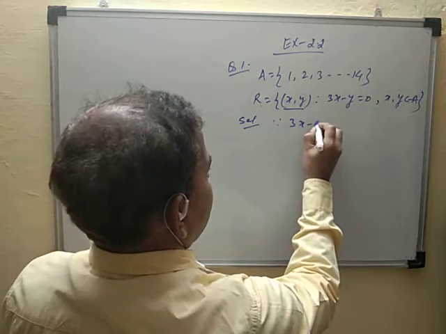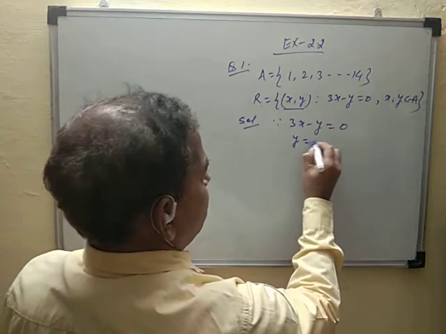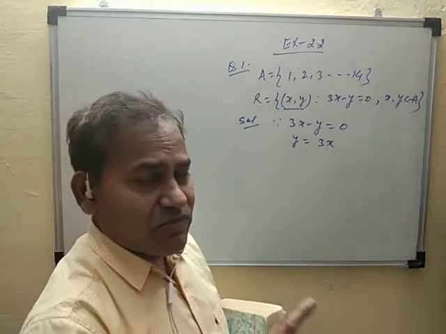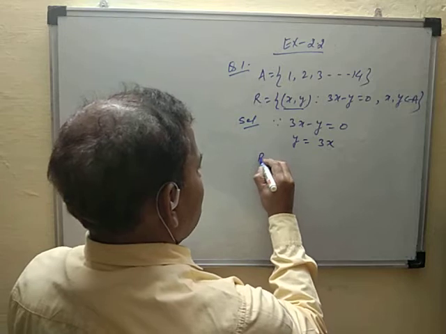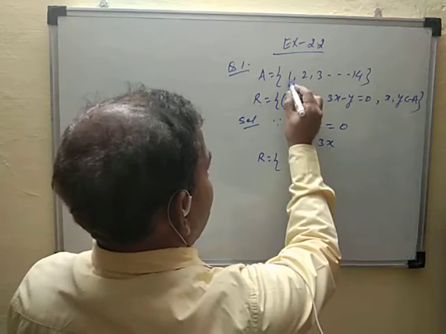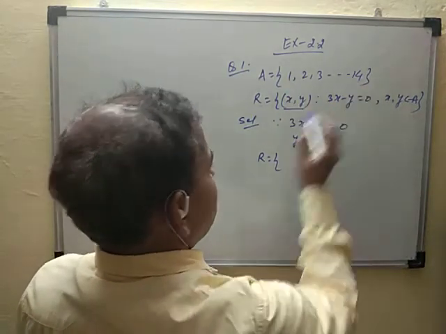Since 3x minus y is equal to 0, the value of y is equal to 3x. This is the relation between x and y. So R is found by putting the value of x from 1 to 14, and the value of y also from 1 to 14.